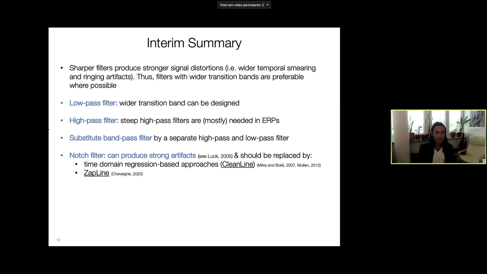They should be replaced by more modern techniques, such as time-domain regression-based approaches like CleanLine for EEGLAB, but also by Alexander's Zapline, which was just recently published. And finally, it's important to report all relevant parameters and to report them correctly, especially considering the issue with the default filter from EEGLAB, which distinguishes between passband edge and the cutoff frequency.